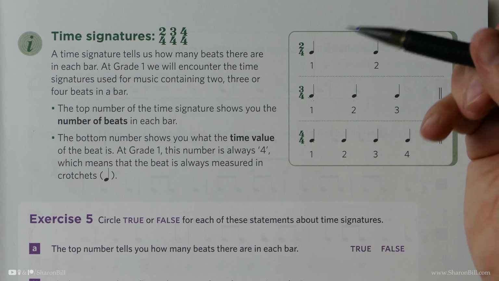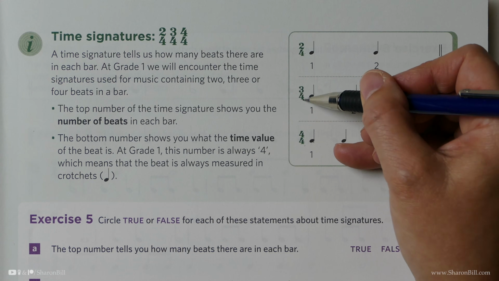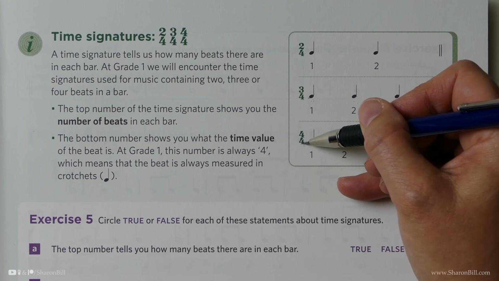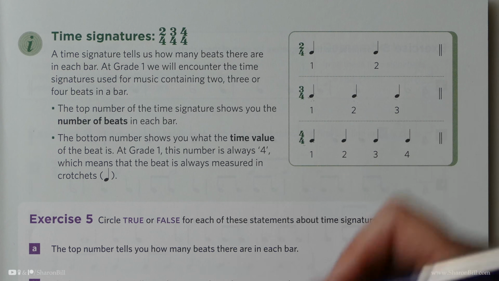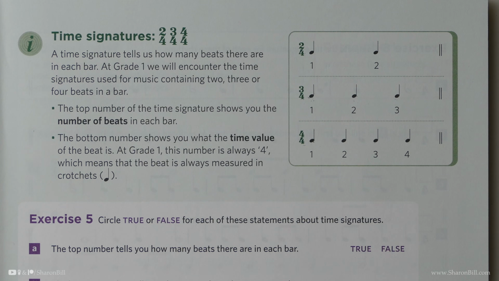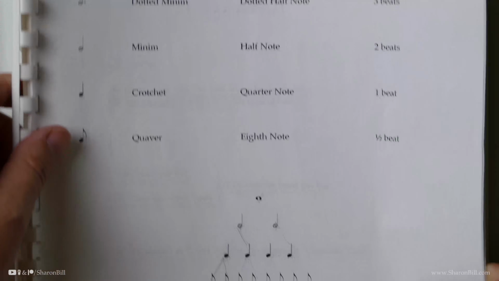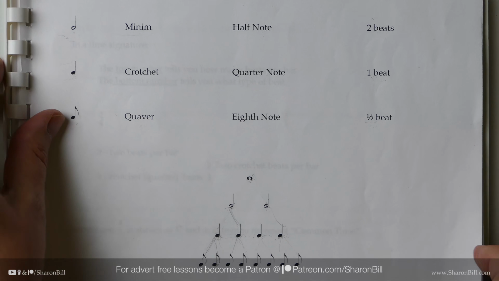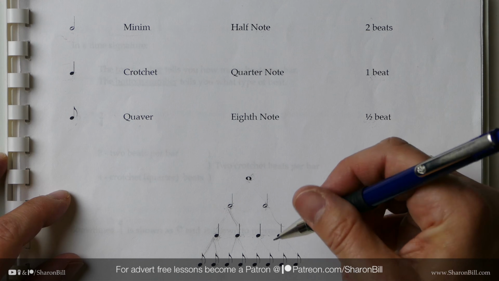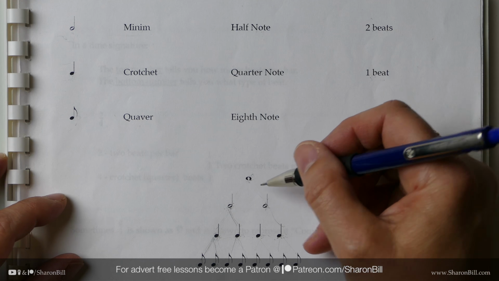Now it's interesting to note that this bottom number 4 always refers to crotchet beats, and this is where perhaps the American or the rock speak sort of notation names helps, because we can see on the diagram, if you refer to my PDF, if you go to sharonbill.com, you can download that for free.